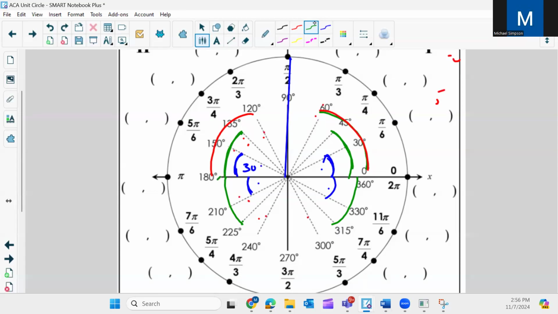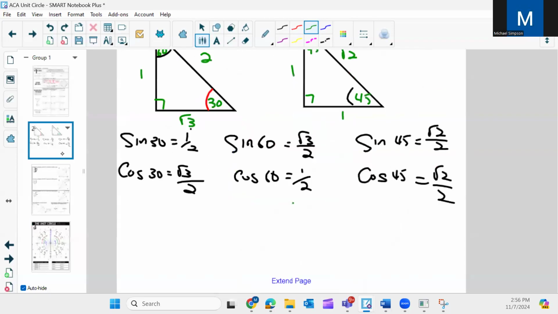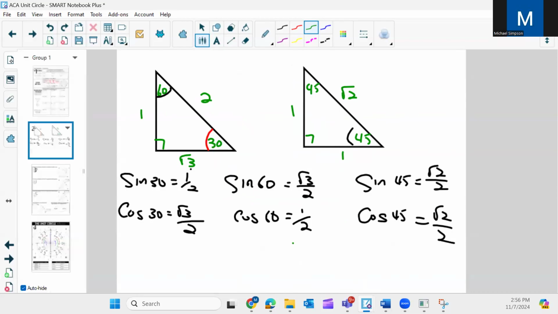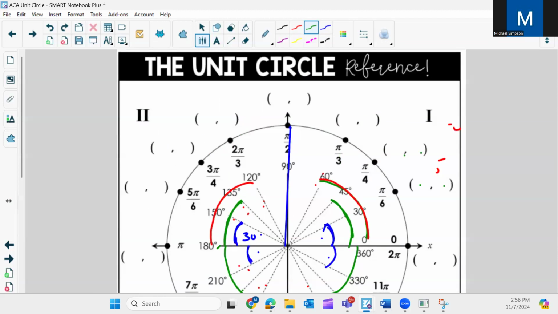Okay. Now we were looking at these triangles right here. The reason why I stress these is because this is where we derive the x and y coordinates as we go around the circle. That's why I wanted to show you that.